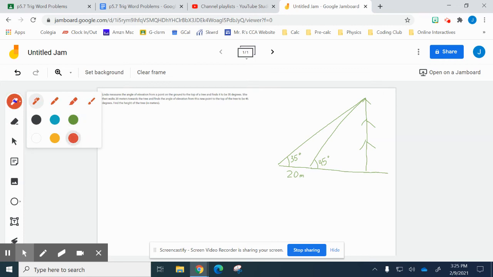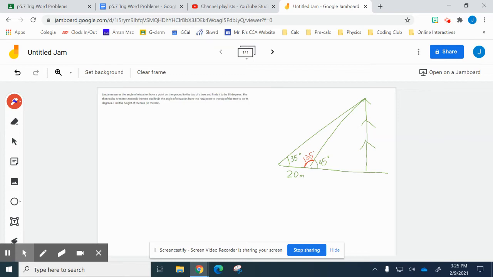So what do we know? Let's see, what do we know? We know if that's 45 degrees, then we're going to know this angle right there, right? Because that's going to be 180 minus 45. Okay, so that angle is going to be 135, right?